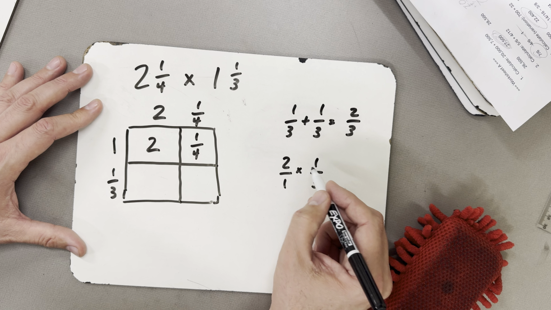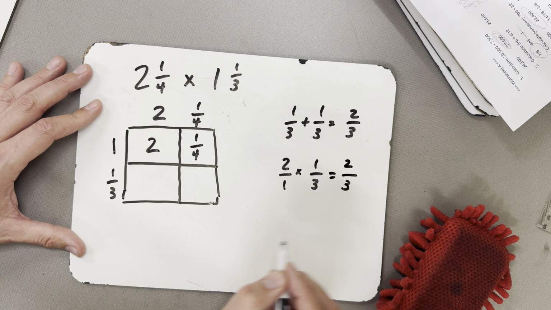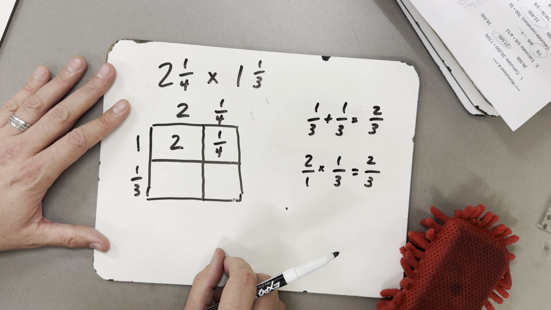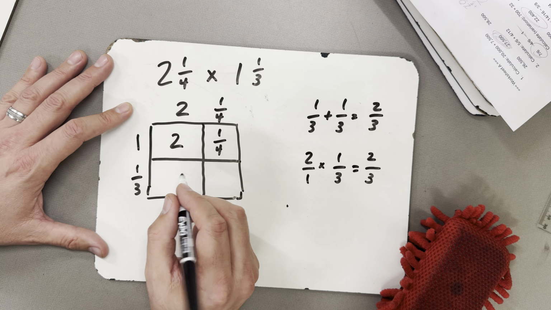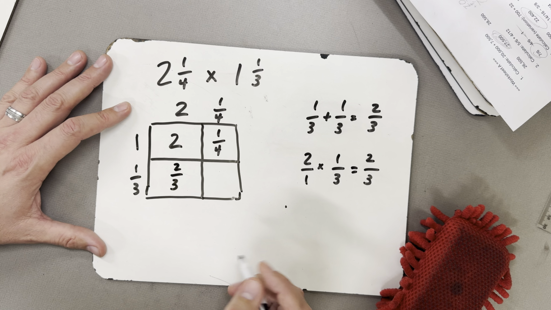Then if you do it that way, you'll get the same thing by multiplying across the numerators and multiplying across the denominators, okay? But either way, 2 times 1/3, you should get 2/3, okay?